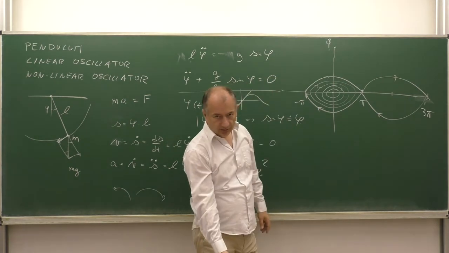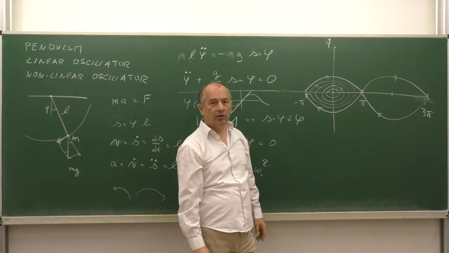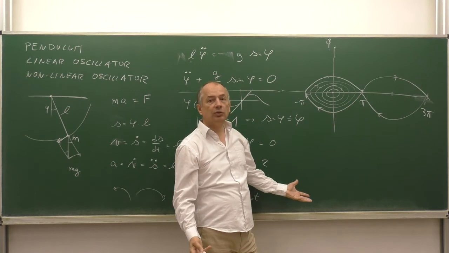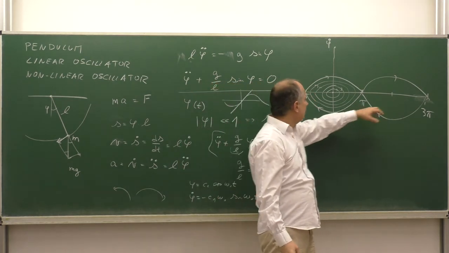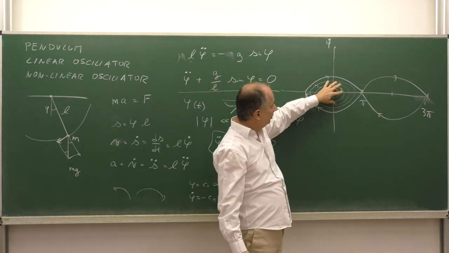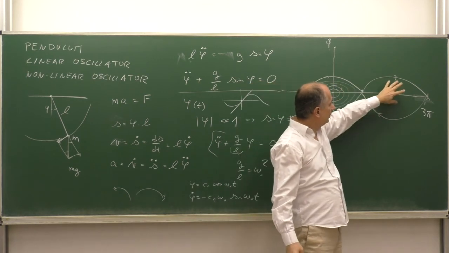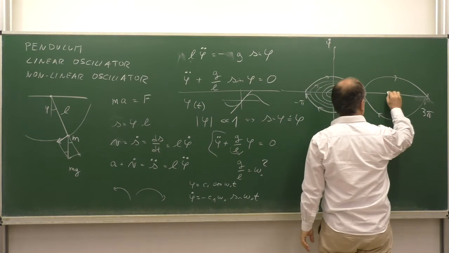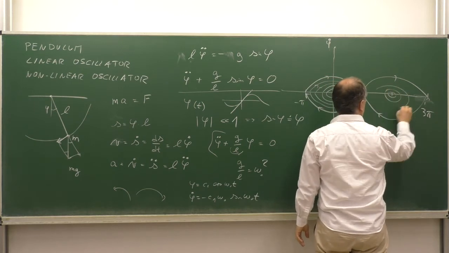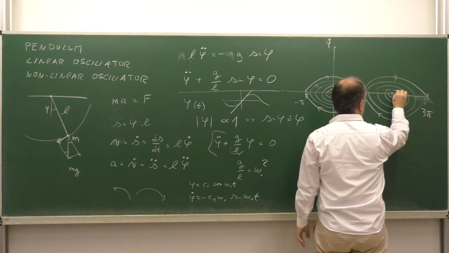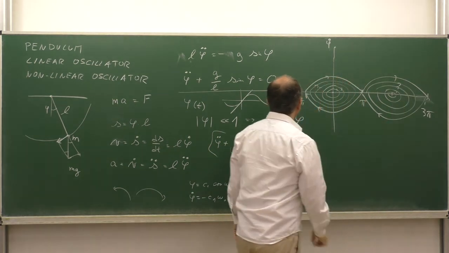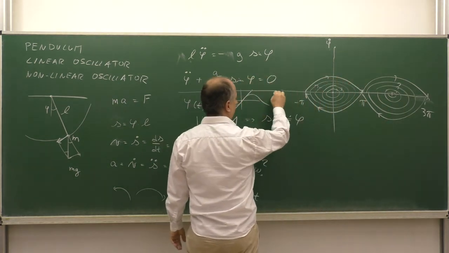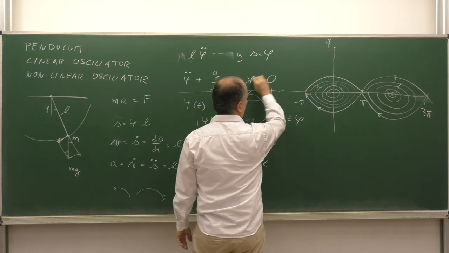And the bottom equilibrium point, phi is 0, is equivalent to phi is 2 pi. So the same picture around 0 must be also around the point 2 pi, 0. Well, and similar for minus pi and minus 2 pi.